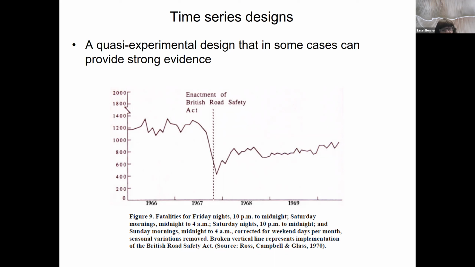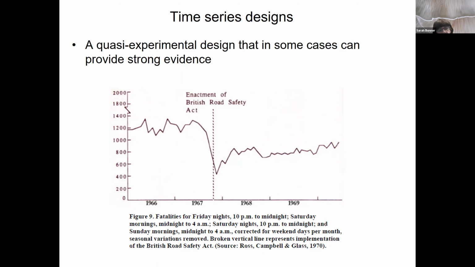Now, you do have to look and see if there's anything else that could allow you to make the inference that the British Road Safety Act caused, this is the internal validity of this attribution of cause, this drop in fatalities.